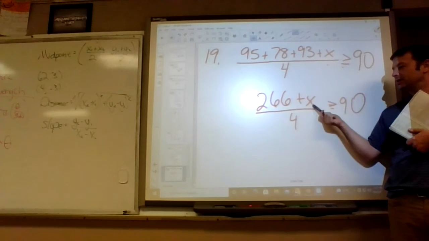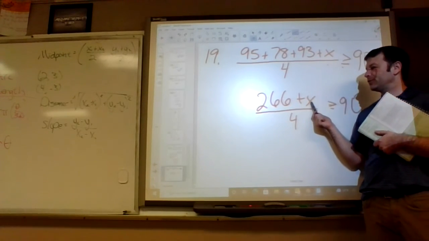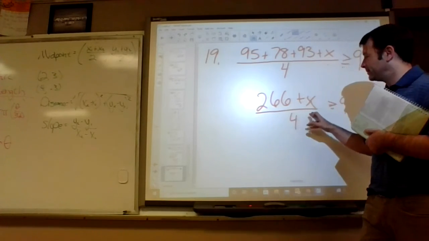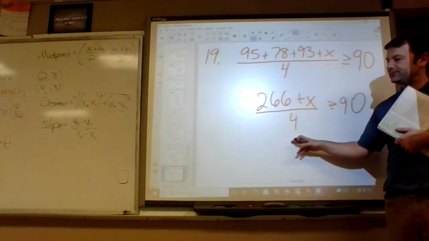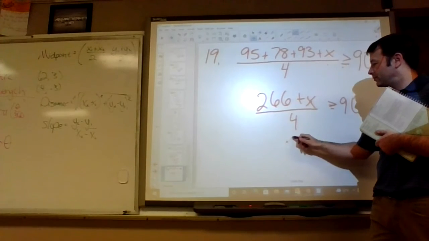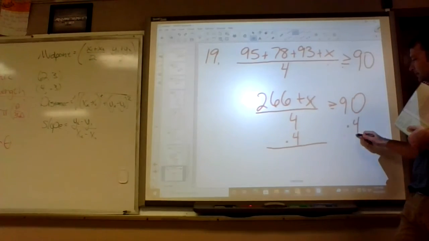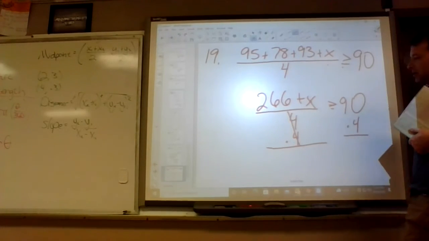How can we get rid of divide by 4? Just multiply by 4. Since the whole left side is divided by 4, we can just do that. That's going to go away.